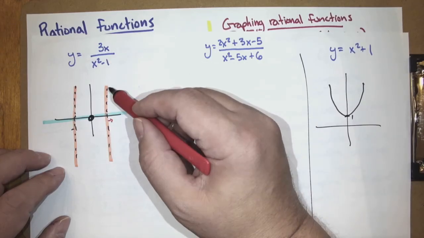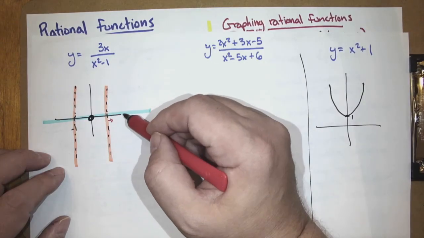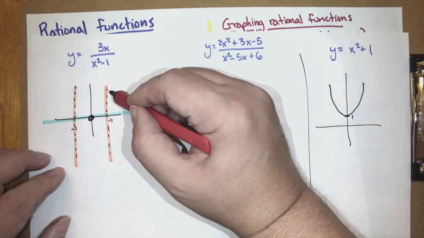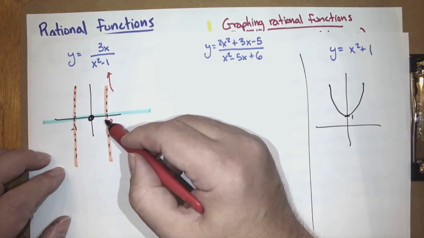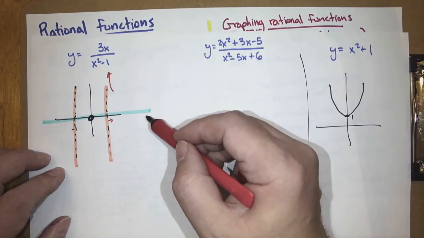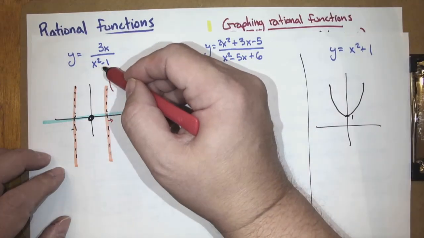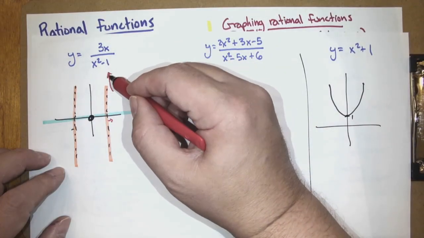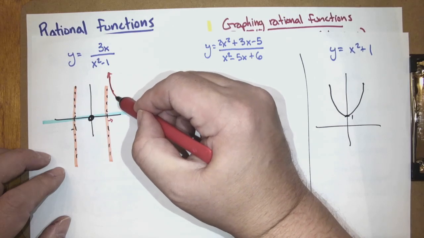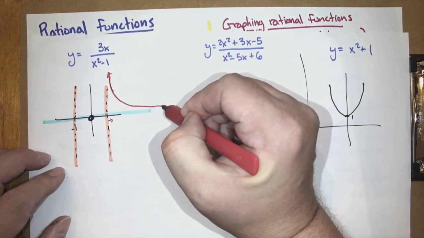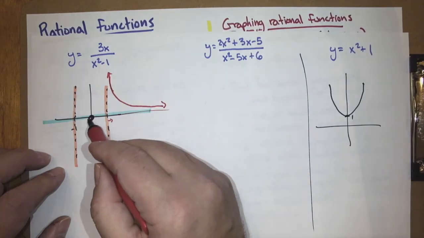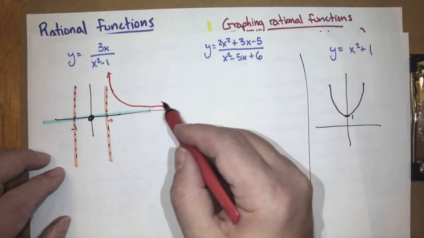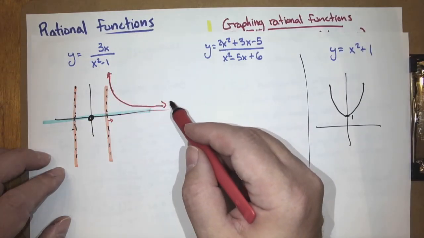Which tells me I need to be positive if I'm just a little bit to the right. So I have to be going up because I'm positive. I have 2 directions I could go. I could be going down or I could be going up. But follow the sign, I have to go up. But then I also know I have to approach that asymptote, and I can't cross because there's no other place that I cross. So that's my behavior here.